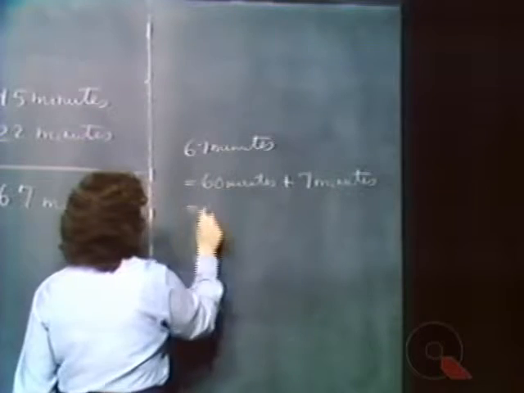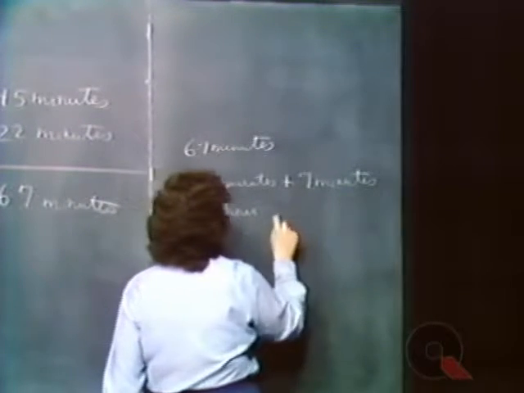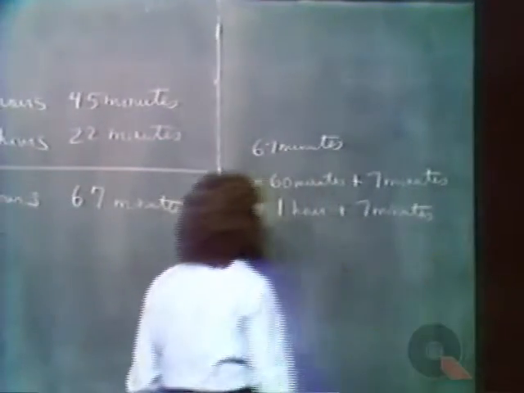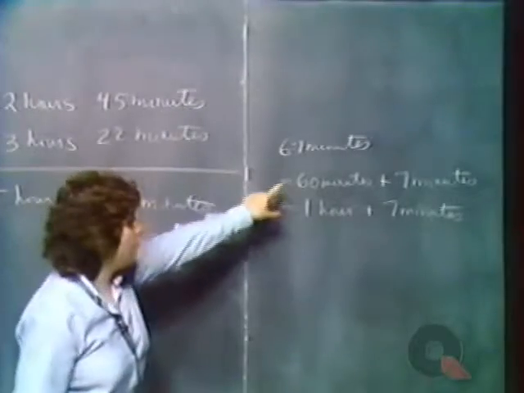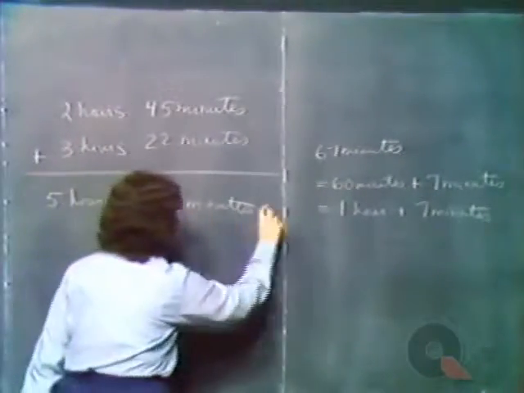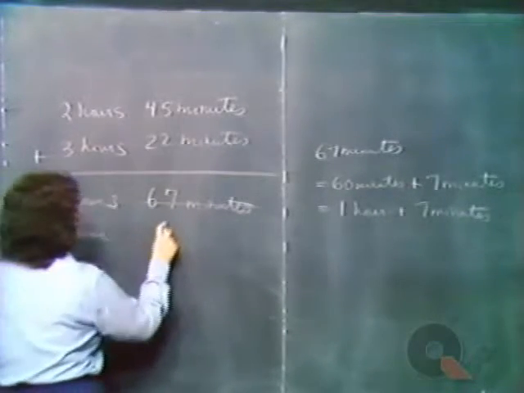And 60 minutes is, of course, 1 hour. So 1 hour plus 7 minutes, or 1 hour, 7 minutes. 67 minutes can be rewritten as 1 hour, 7 minutes. So we can cross off the 67 minutes and write it as 1 hour, 7 minutes.